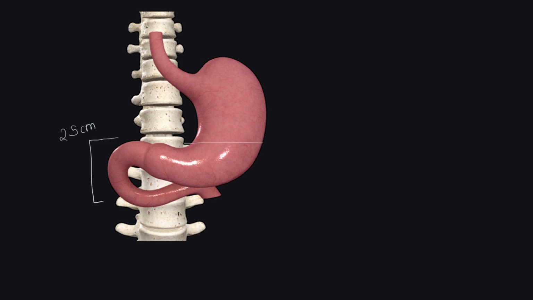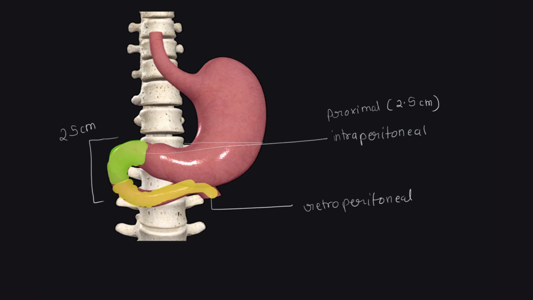However, the duodenum is different. It is much wider, and the proximal 2.5 centimeters of the duodenum is intraperitoneal, and the rest of the duodenum is retroperitoneal in position.